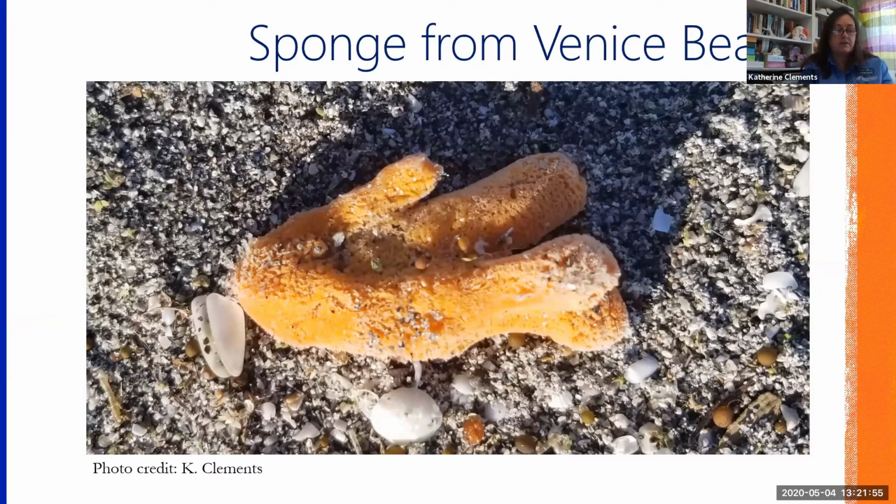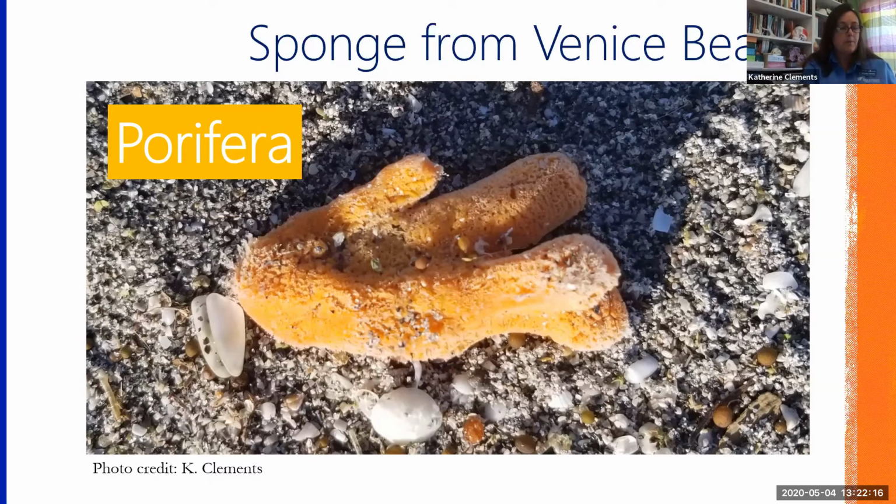This sponge was washed up on the beach, but when it was alive, it would have been attached to a rock or some other structure in the water, and the water would just flow through the sponge, and that's how it would have gotten food. So, do you remember the name for the group that our sponge belongs to? You're right again, Porifera. Sponges belong to phylum Porifera, the simplest of all.